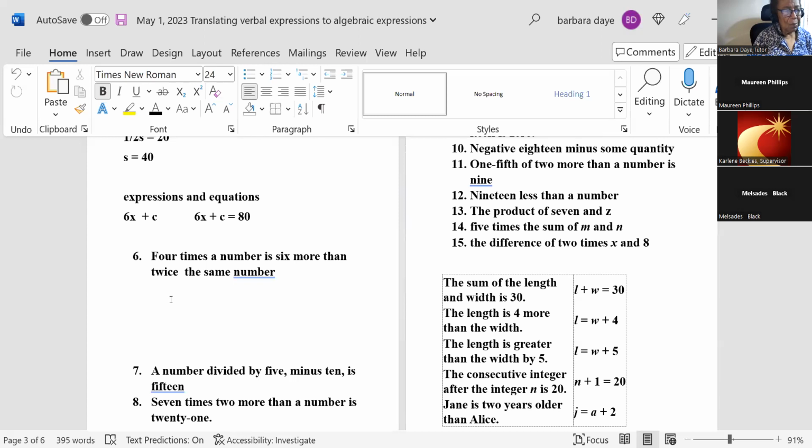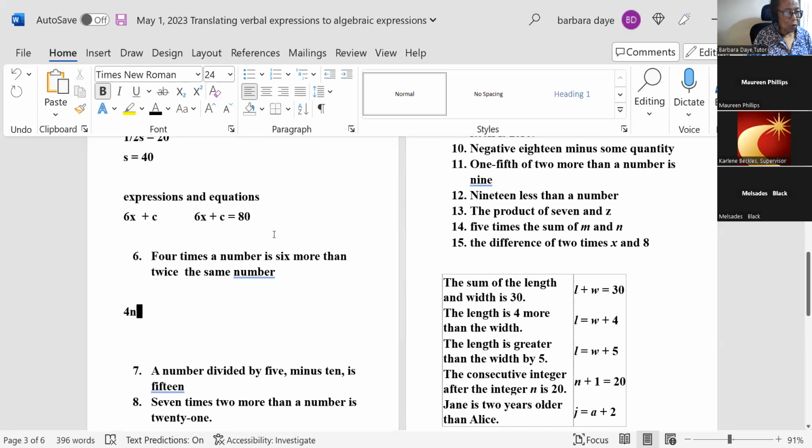The variable. So what would you write for 4 times a number? 4. And give me a variable, anything from A to Z. You could use n. Okay, 4n. So 4 times a number is 4n.